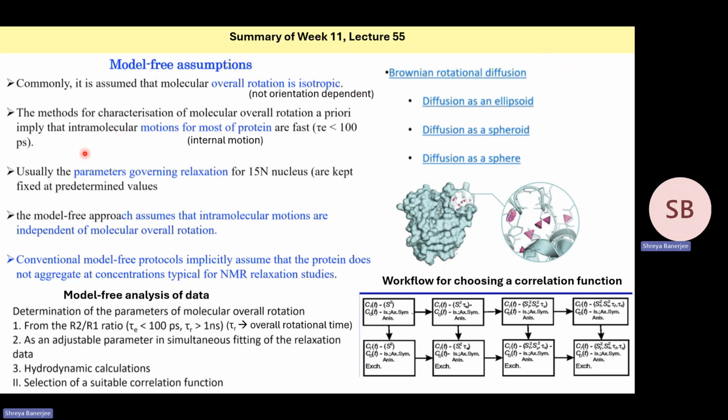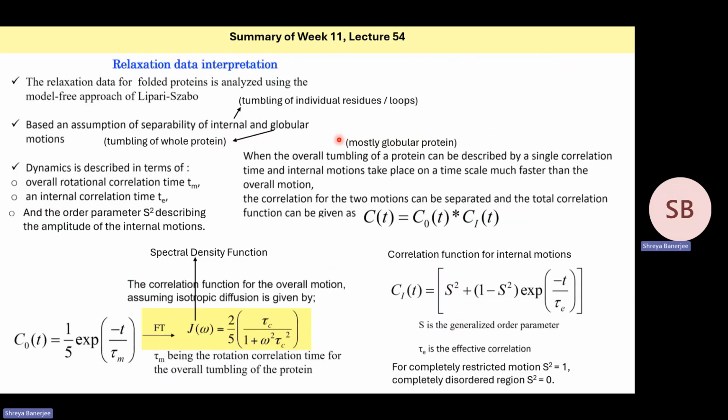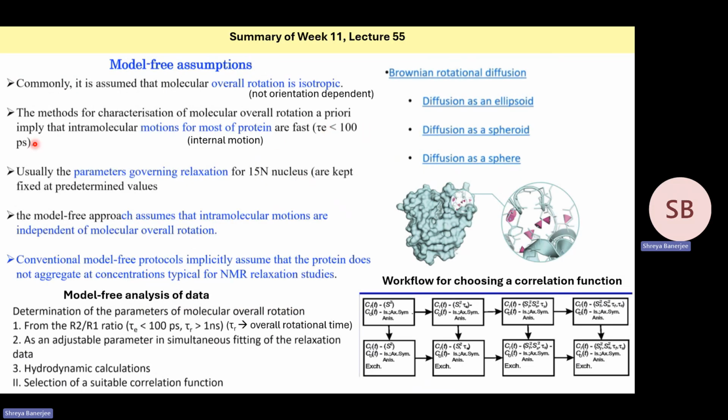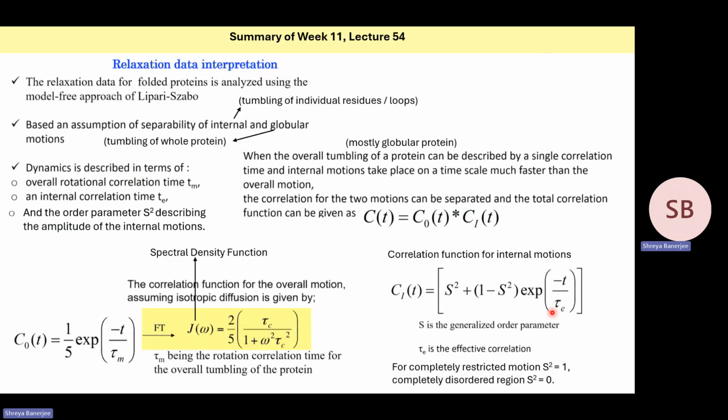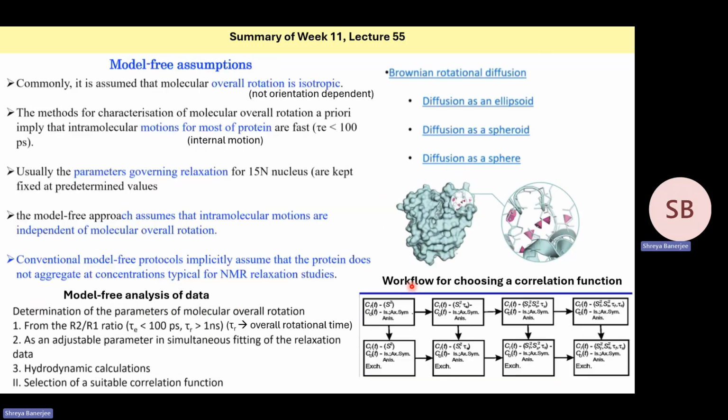Secondly, the internal motions for most of the protein are much faster than the global motion, which is something we discussed here as well. The internal motion is defined by tau e, because tau e is what we use to define the internal motion correlation function. That is less than 100 picoseconds, so it's very fast.